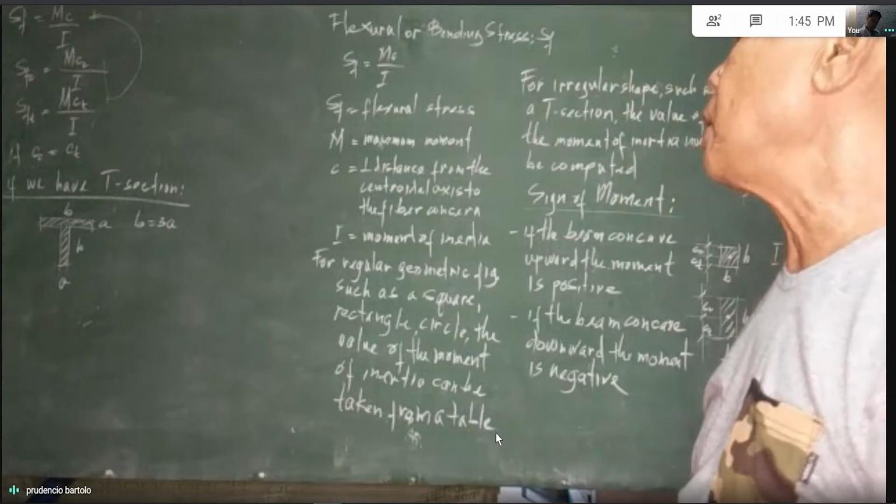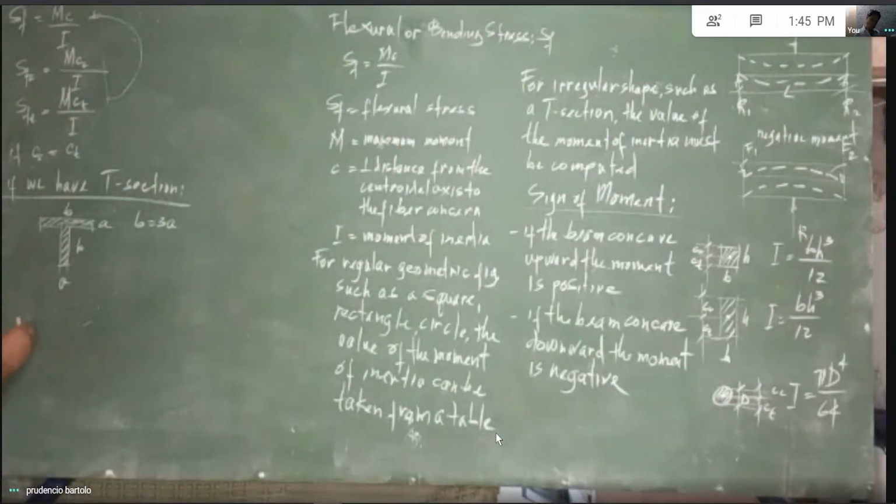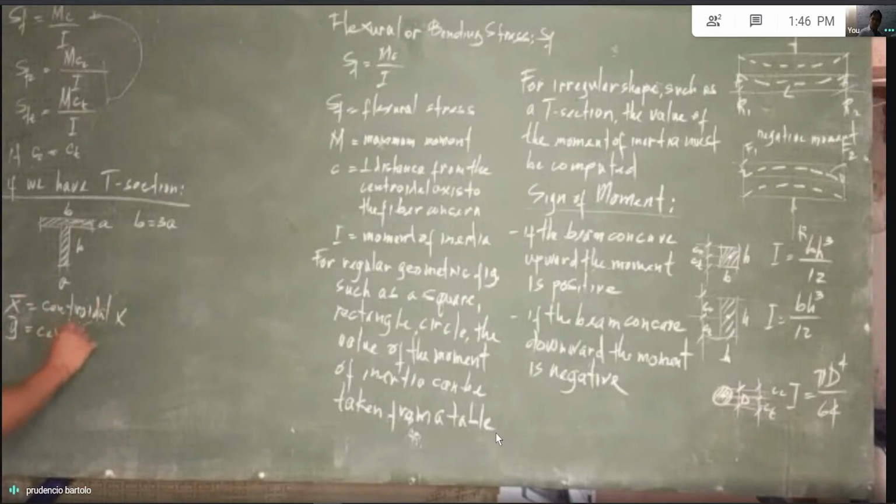we are going to consider what we call the x with a bar and the y with a bar. So meaning this is the centroidal x and this is the centroidal y.